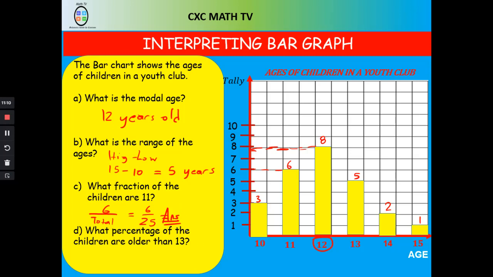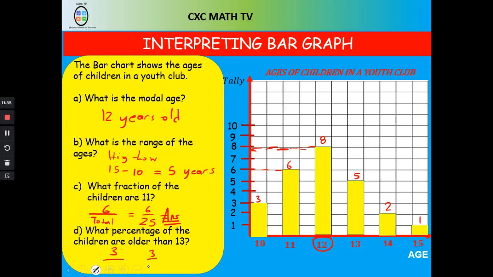6 over 25. Now it says, what percentage of the children are older than 13? Older means what? Greater than 13, either 14 or 15. So the percentage would be 2 plus 1 is 3, because there are 3 children older than 13, 3 out of 25. And then we know, of course, we have to multiply it by 100.